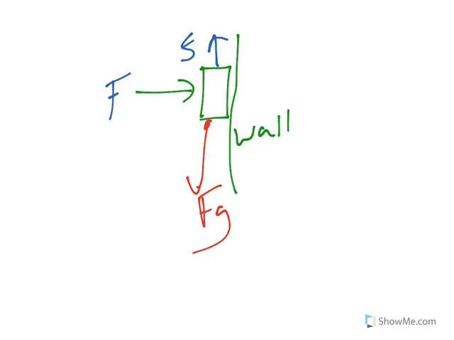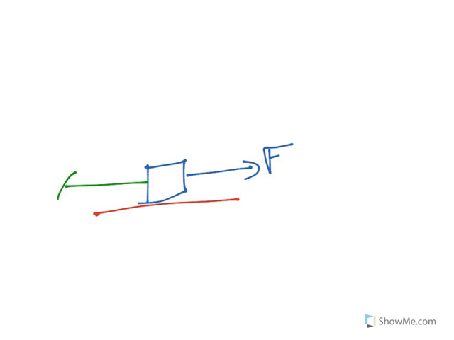There's another option. What if we are pushing something on a table, and we have a force this way? Which way would the friction act? Well, it would act in the opposite direction.